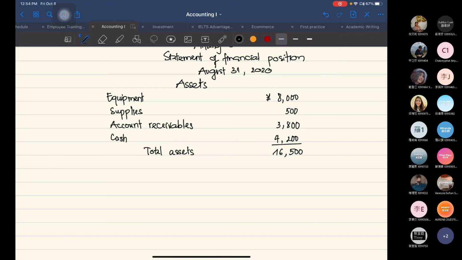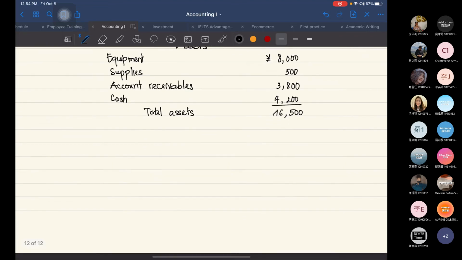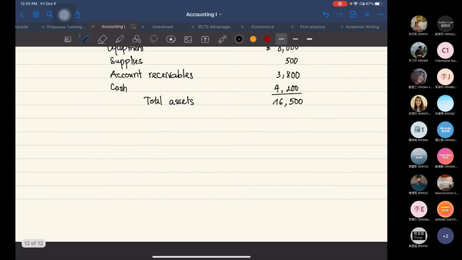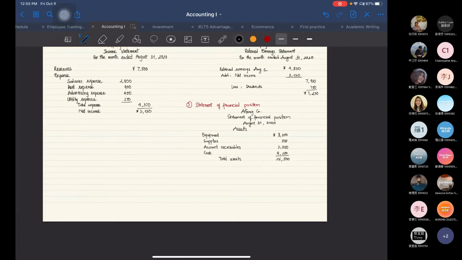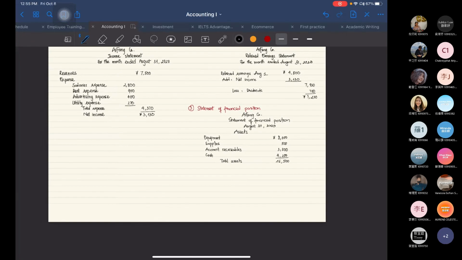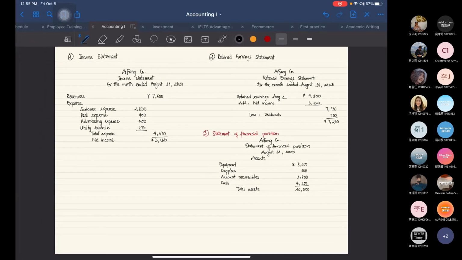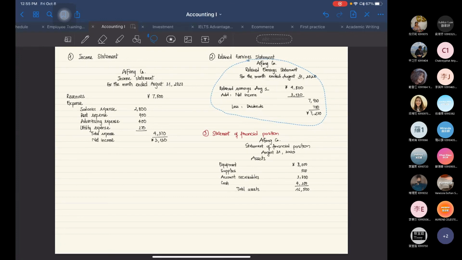Is it right? I'm going to move this one a little bit higher so I get more space.